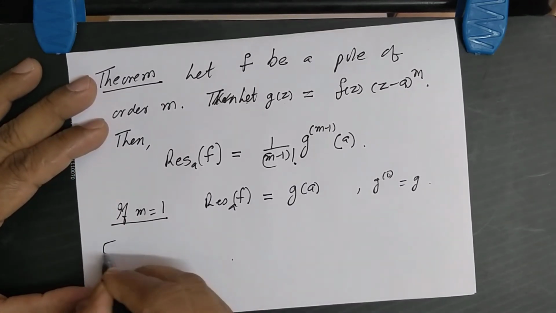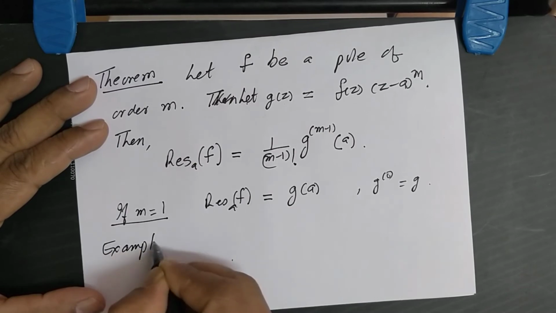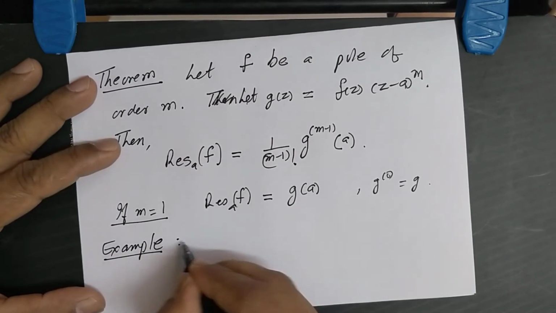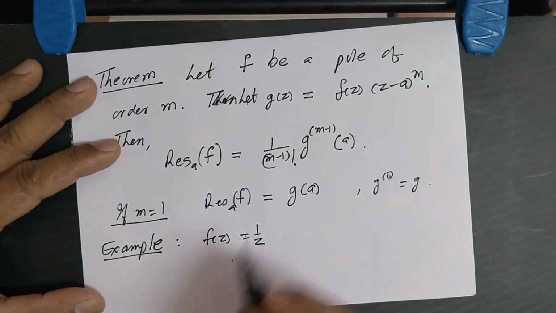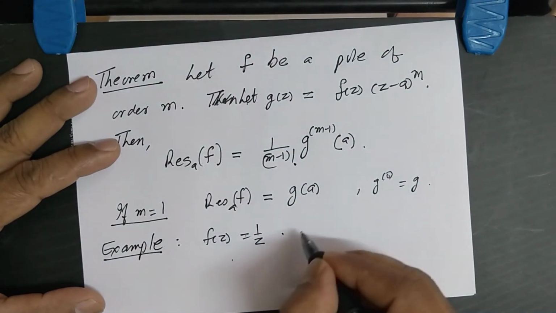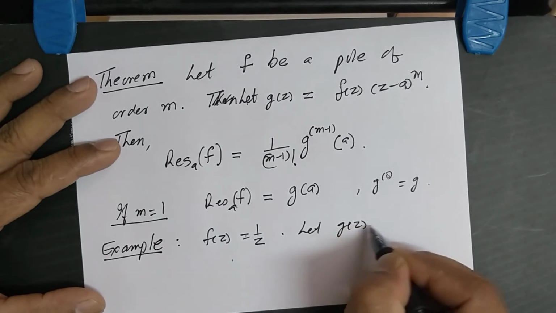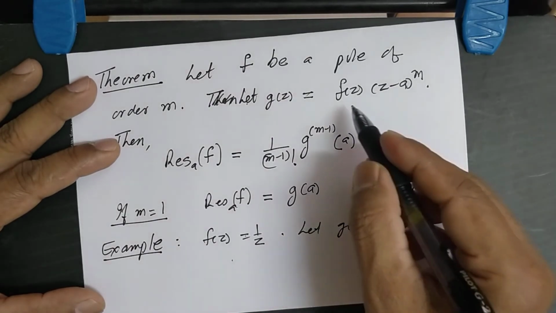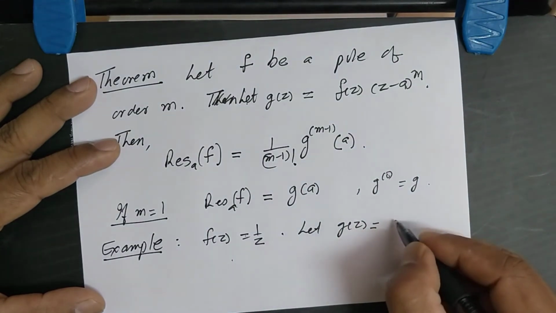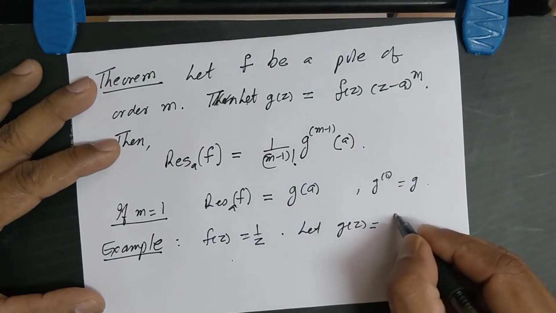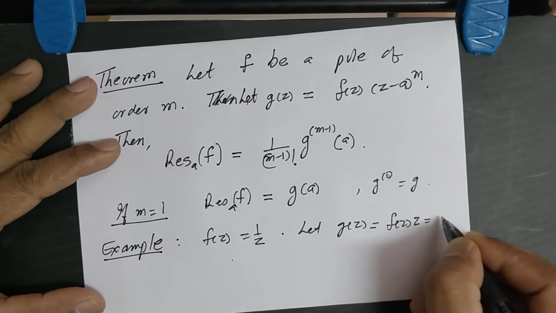So let's look at some examples. If I take f of z equal to 1 over z, then what should be my g of z? Let g of z be equal to the function multiplied by the factor, so f of z into z, which is equal to 1.